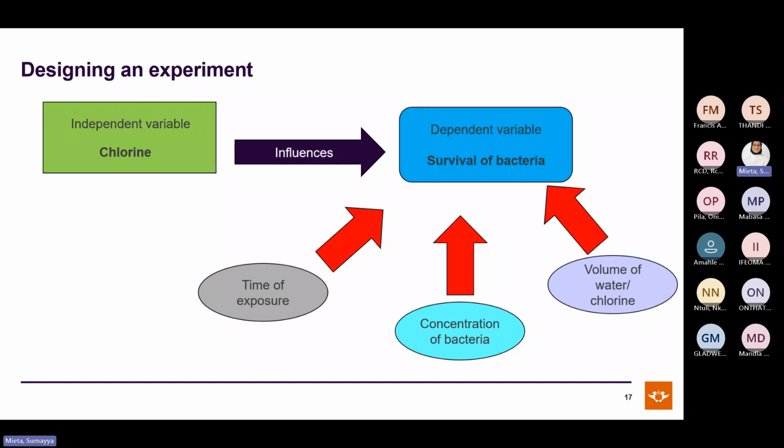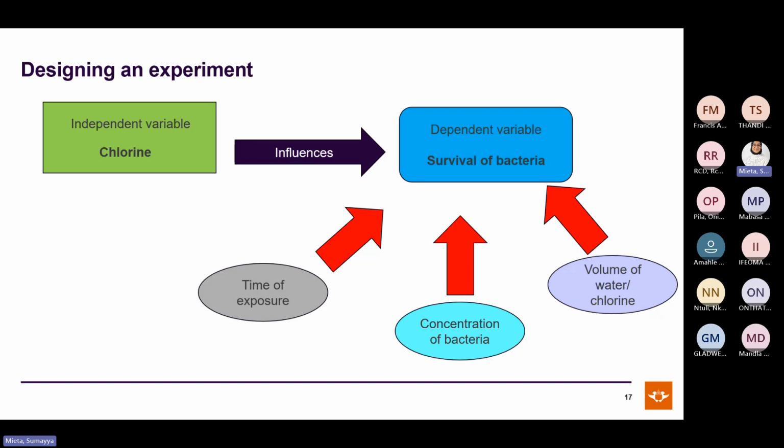Okay, so to eliminate these external influences, we need to make sure that we keep them constant for all of our experiments. So if you want to look at what happens to the bacteria at 2 hours exposure to chlorine, you would take your different types of bacteria, you would expose them to chlorine for the same period of time, and then you will see how many of them survive or how many of them don't.